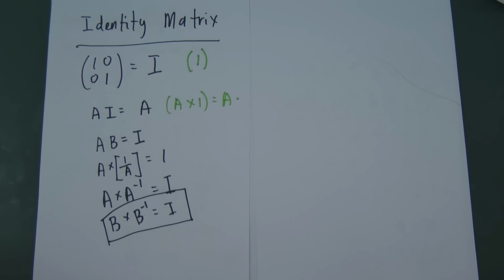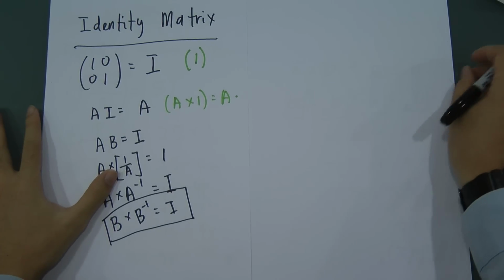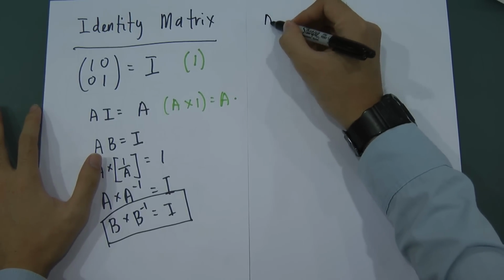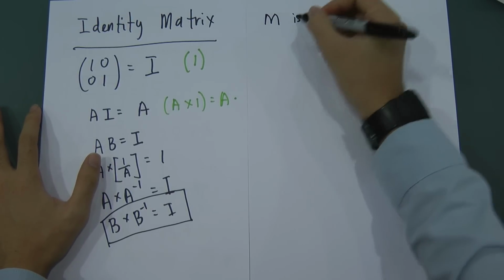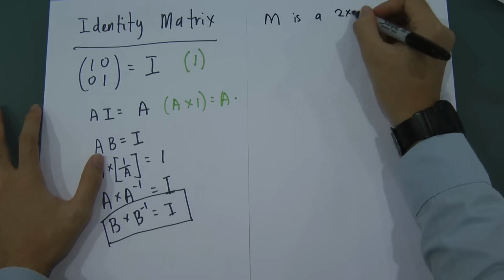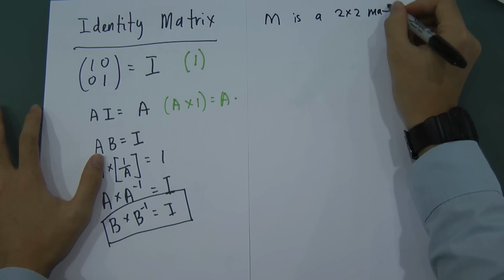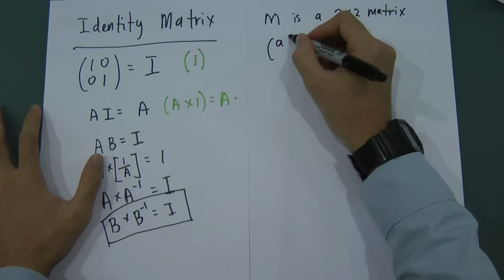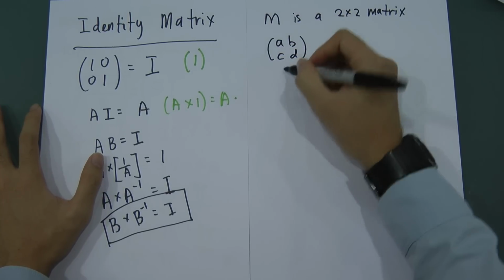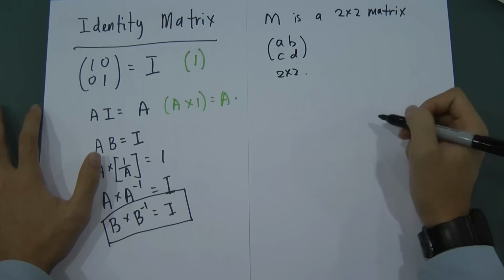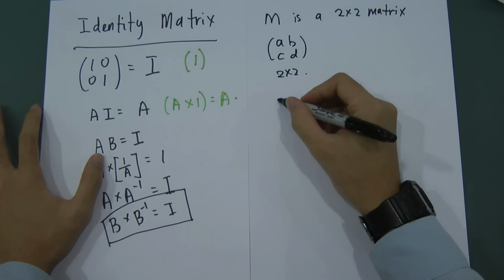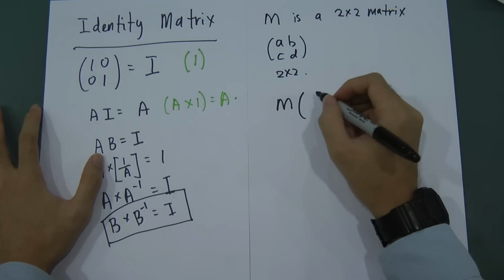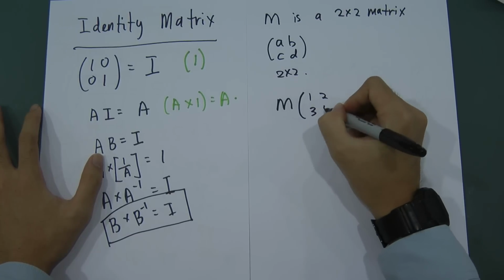For example, I tell you M is a 2 by 2 matrix. In the last video we learned 2 by 2, something like A, B, C, D, correct or not? Then M is multiplied by simply 1, 2, 3, 4.